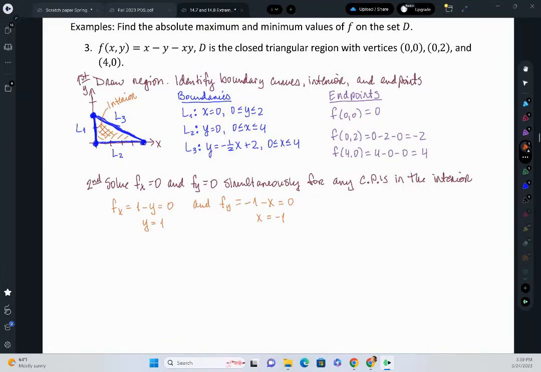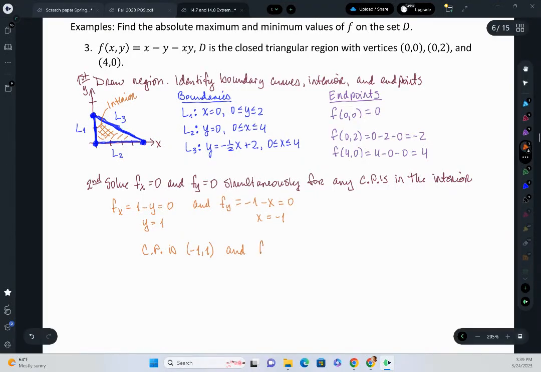We're solving simultaneously. I solved two equations and I got a number in each one. I don't go and just make up another number to go with each one. These are the values of x and y that would make both equations equal 0 simultaneously. So the critical point is -1, 1. That's all that it is.